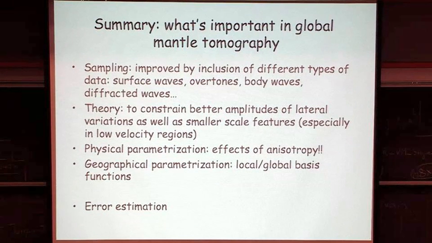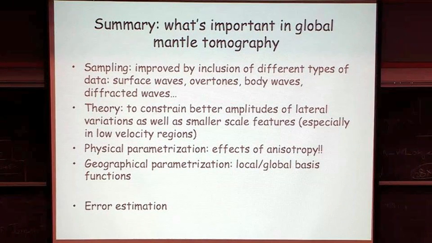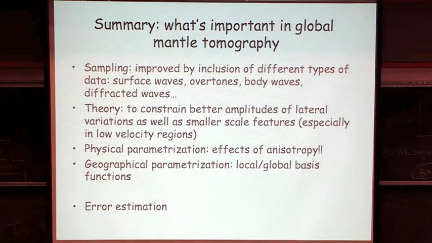The reason why it's important, of course, is that thermal anomalies can diffuse away, whereas compositional anomalies cannot. And so this is a way of addressing the question of whether your anomalies are thermal or compositional.